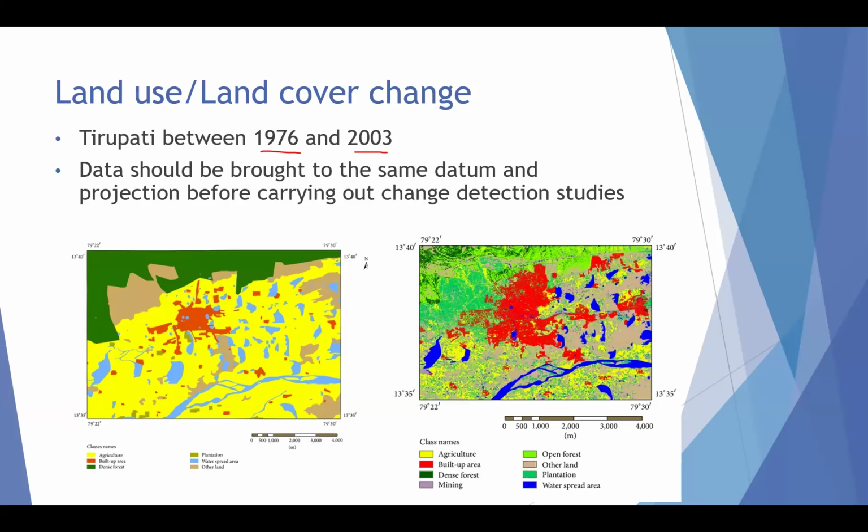So it is being converted to urban land, and currently most of the land surrounding this is open land without any agriculture practices. Also, thick forest cover has come down. So these are all things that are going to affect the hydrology.